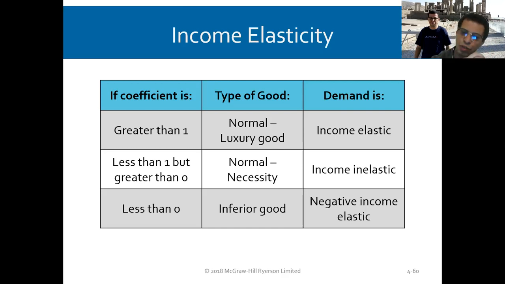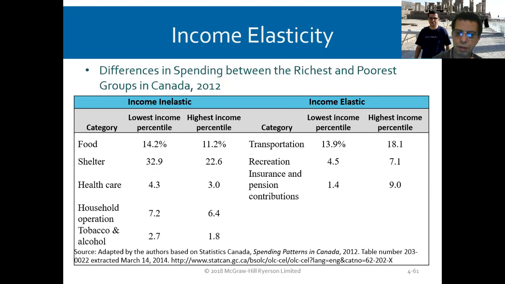If the coefficient is negative, the reason is that you're more dependent on it to survive. And you have an inferior good, so there is a negative income elasticity. So the less money you make, the more you're willing to spend that money on potatoes and macaroni than on meat and fish.